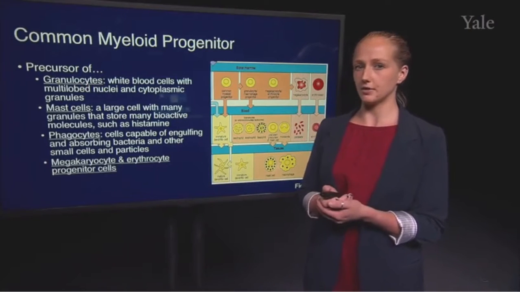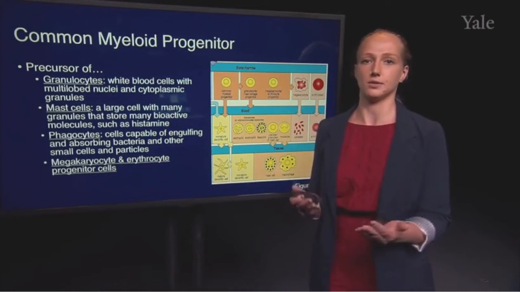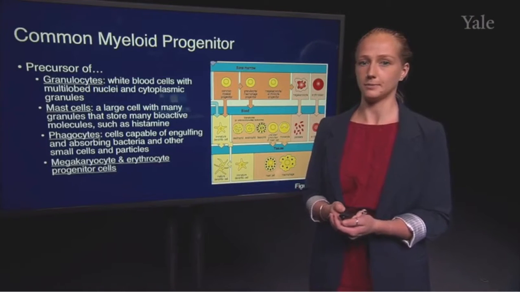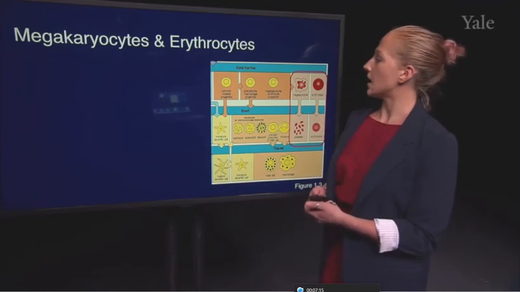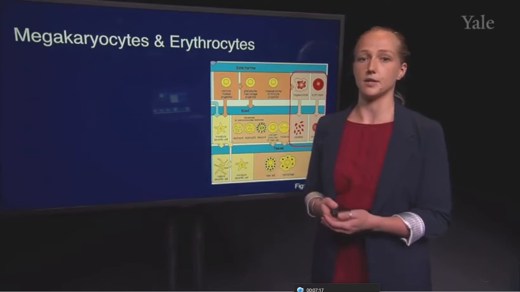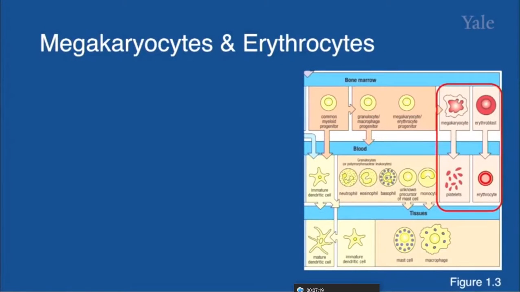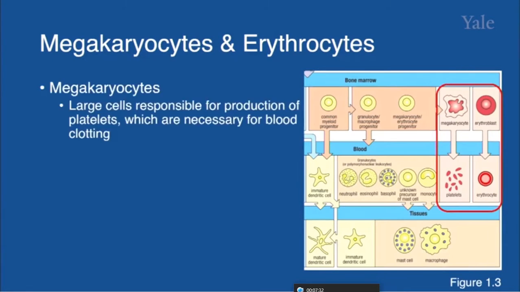So now let's dive a little bit deeper and understand all the various functions that these cells have. So first, let's talk about the megakaryocytes and erythrocytes. I don't want to go too much into detail about these cells, but it's important to understand that these also arise in the bone marrow because they're both components of blood.